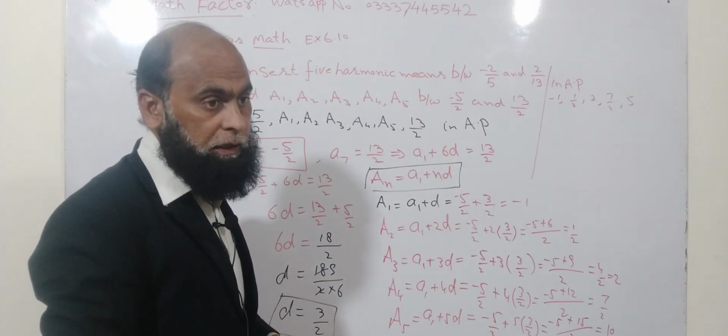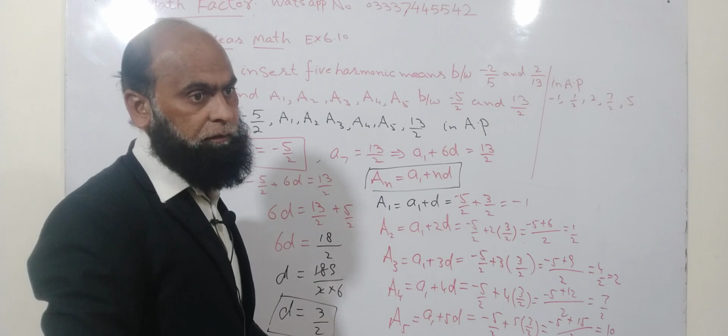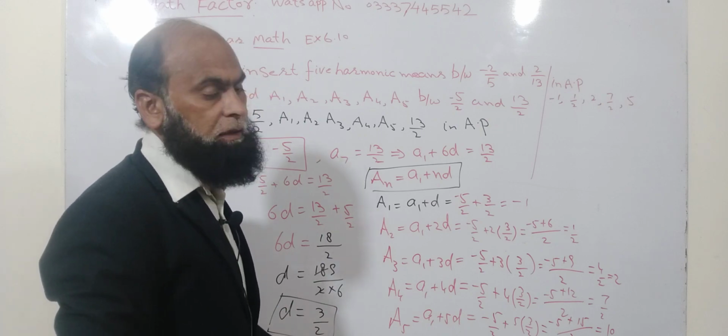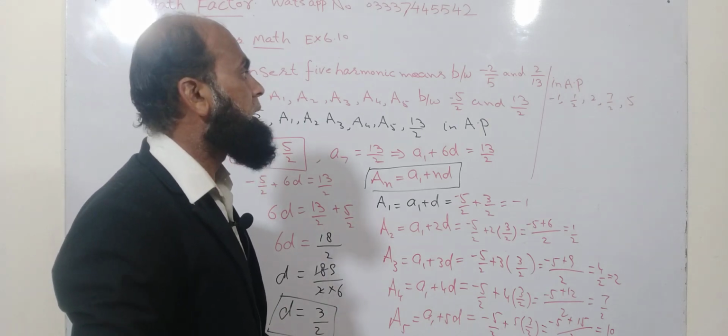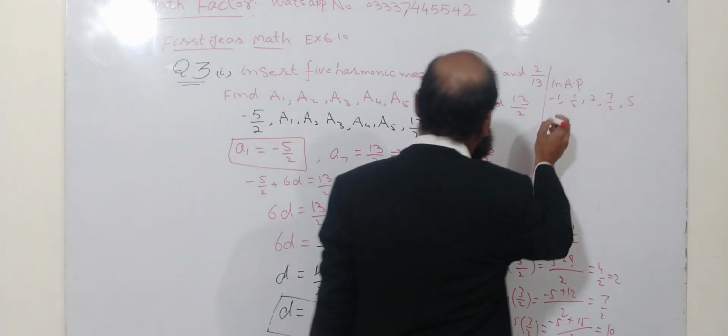These are arithmetic means: first, second, third, fourth, fifth. 5 arithmetic means. Now harmonic means.